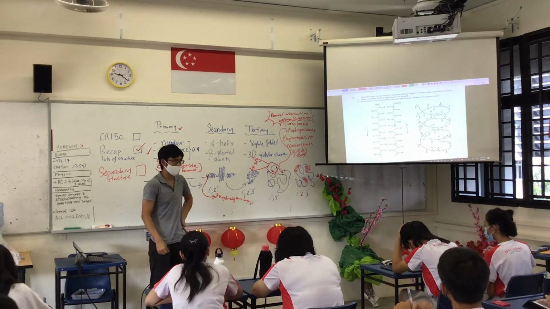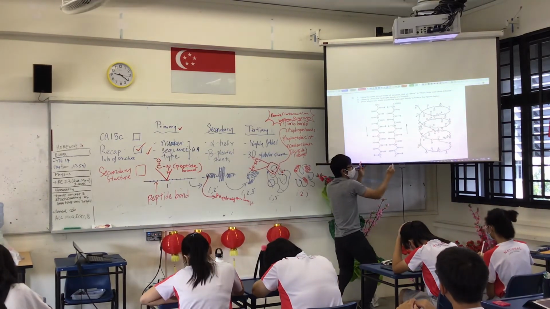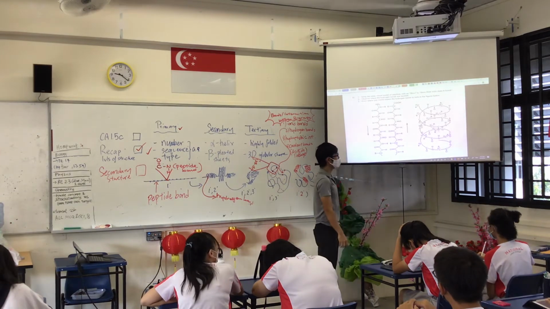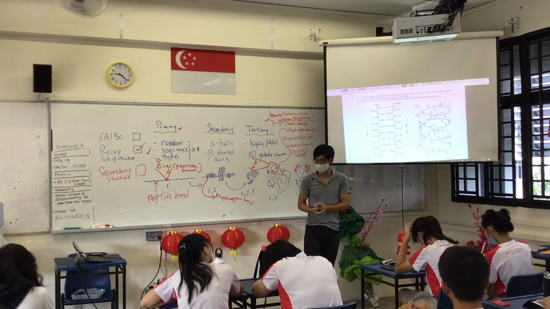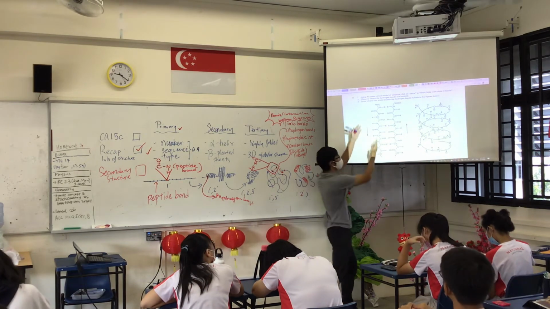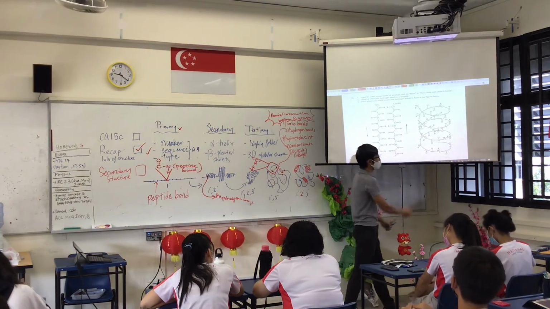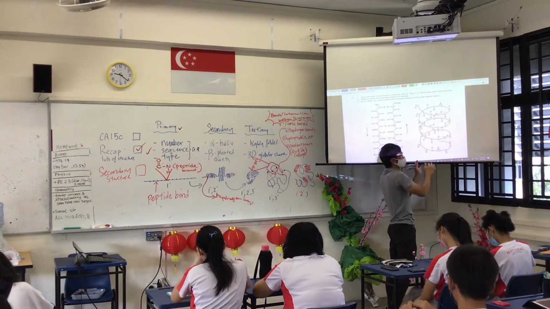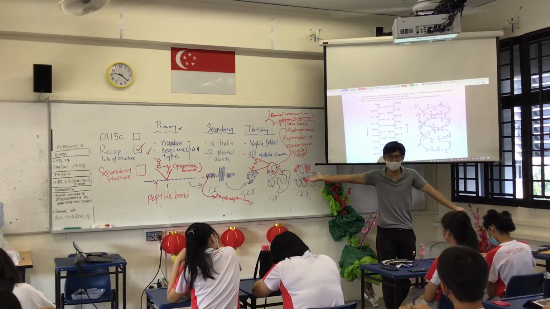So let's do a quick practice. If you look at this beta pleated sheet going down and then going up, can you draw in dotted lines to represent where the hydrogen bonds could take place to hold these two sheets together? Where can hydrogen bonds take place within this alpha helix to hold the entire helix together so it doesn't unfold?